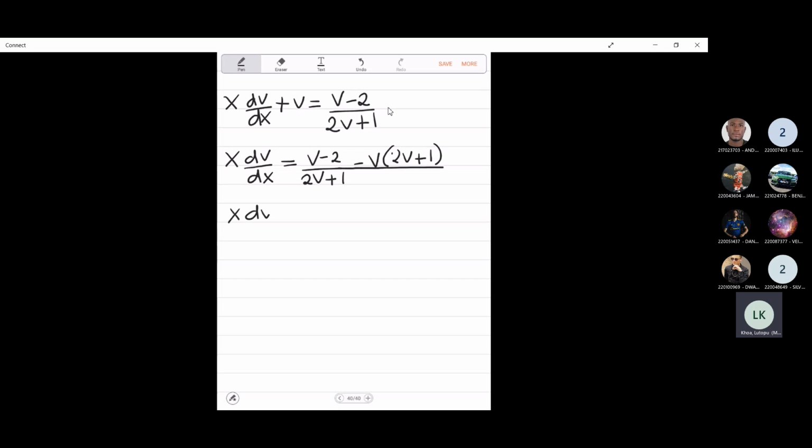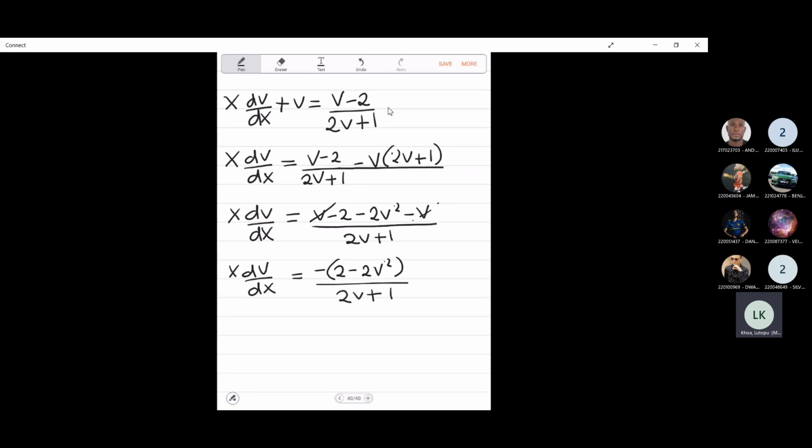So I have x dV/dx. This is V minus 2 minus 2V squared minus V, over 2V plus 1. So x dV/dx is V minus V, so these two will cancel. And then I can factor out the negative, 2 minus 2V squared over 2V plus 1.